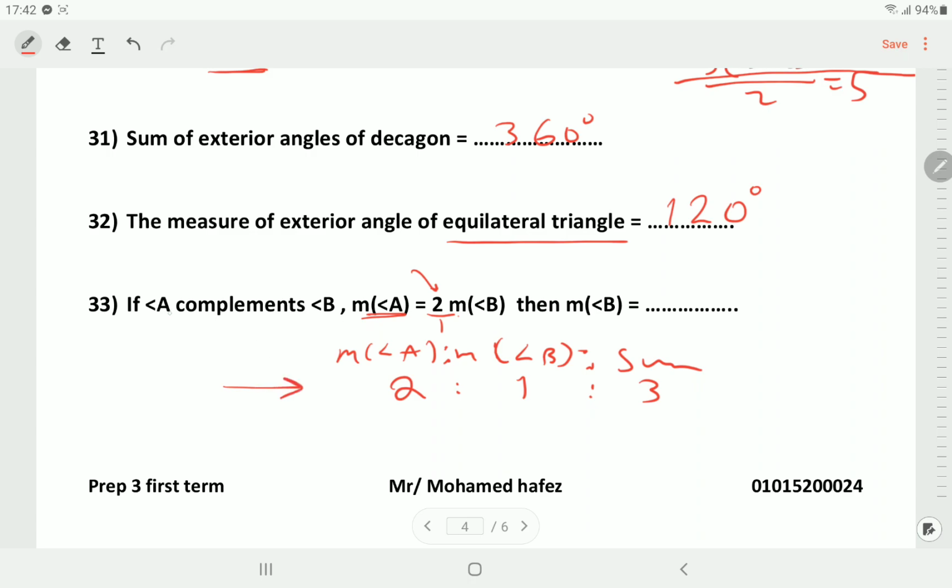What about quantities? We have complementary. When you see complementary, you can write 90. After that, you can make a cross multiplication: 1 times 90 divided by 3 to get this value. It's 90 times 1 over 3 equals 30 degrees.